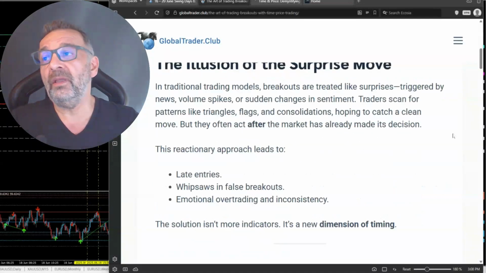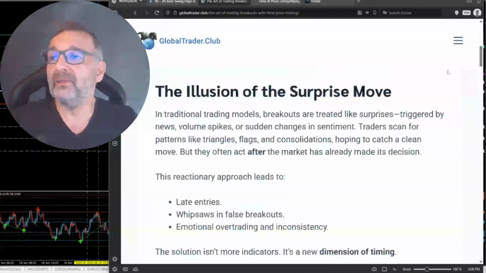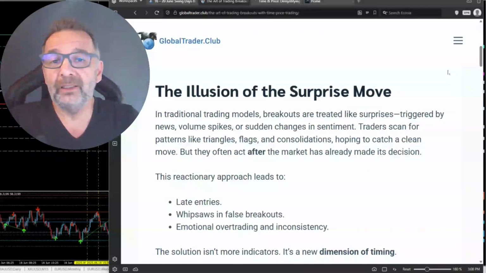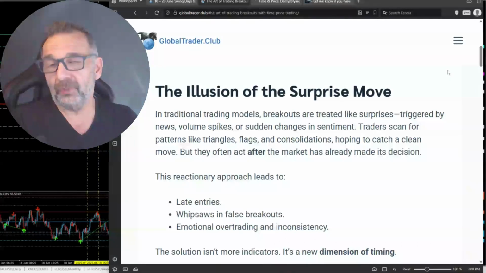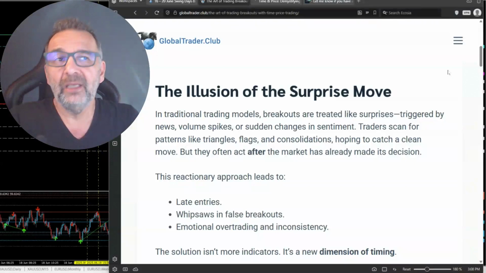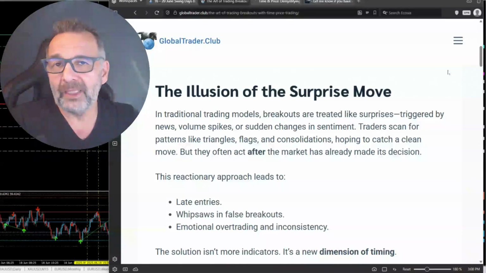A lot of people, when they talk about breakouts, draw the lines and then see a breakout, and if there's volume behind it, they like to push through, which is fine, and technically that is how it should be done. If there's a breakout with volume, that's the place to go in.